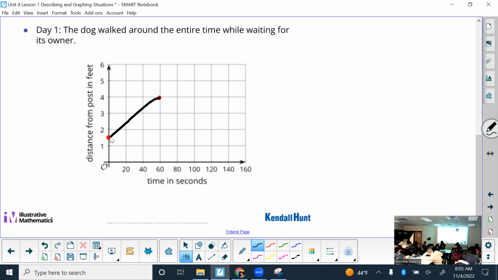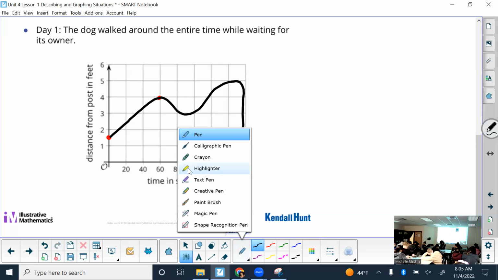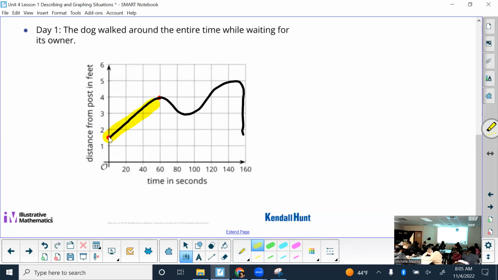But if they walked around the entire time, do we know how close or how far he was from the post? He could have been closer, could have gone farther, could have gone really close again, who knows? But shouldn't this first part be the same on all the graphs that I highlighted?